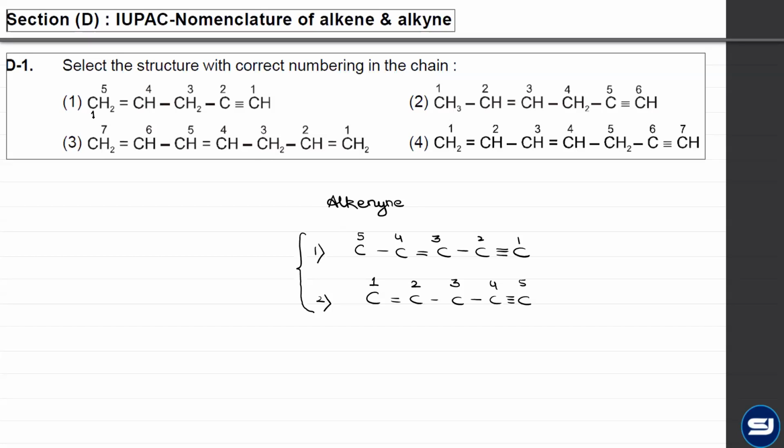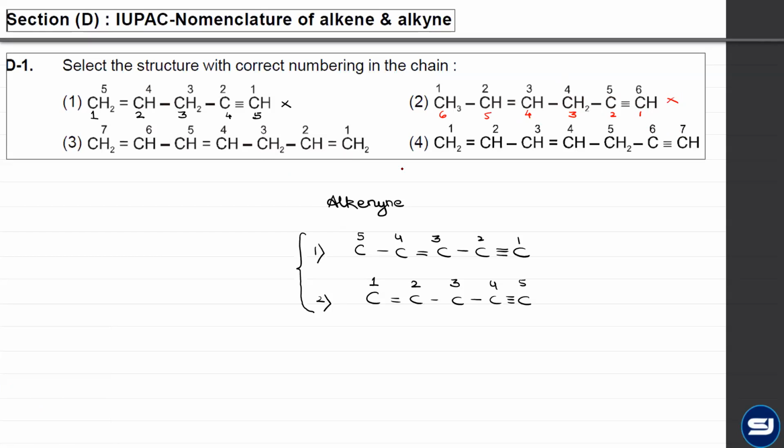And the tie breaker is always in the favor of double bond and not triple bond. So correct numbering होगा left to right. Next में, wrong. Because in this case, the first multiple bond is nearer from the right side, and the correct numbering should be from the right and not from the left.